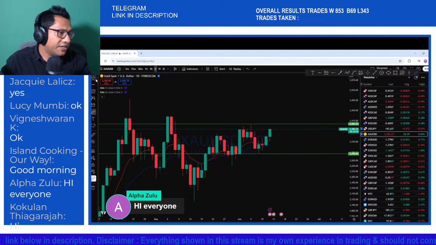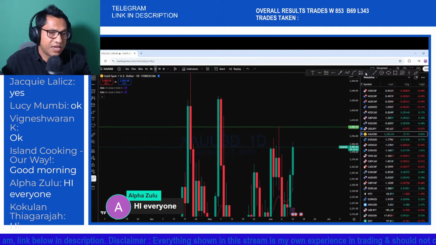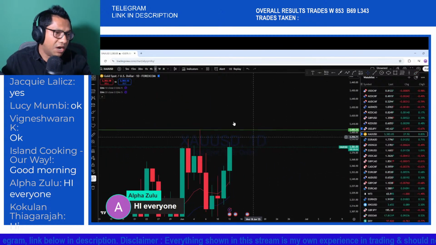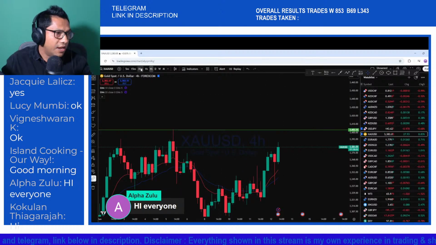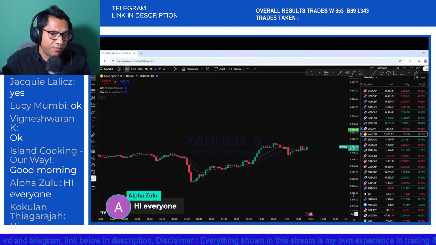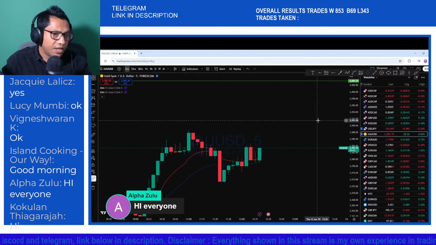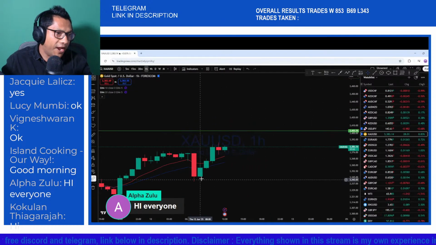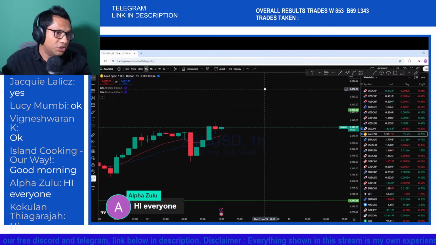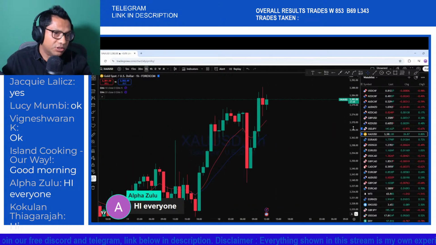So here the market is maintaining that bullish market structure. Looking at the 4-hour chart, and going to a much lower time frame, the 5-minute chart. On the 1-hour chart there was a break of structure, and this is the zone I was looking at.